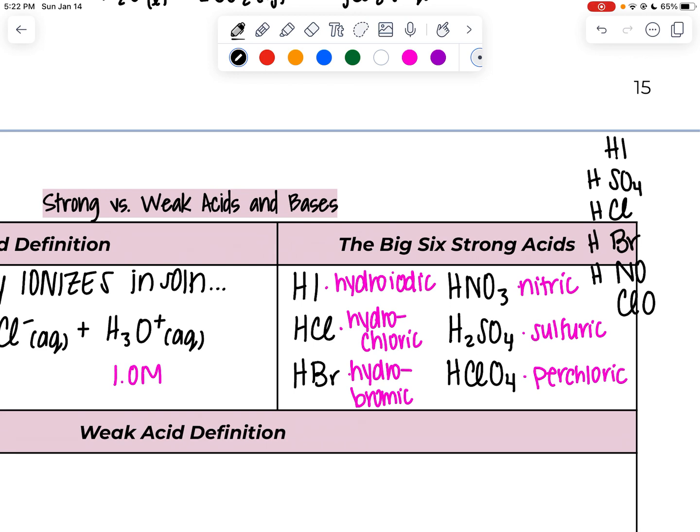And then you add your hydrogens onto the front of each of these. You add a 2 for sulfuric. Everything else gets a 1, but you need a 3 and a 4 there. So this was her mnemonic that she used to help her remember the identities of the 6 strong acids. Take it or leave it.